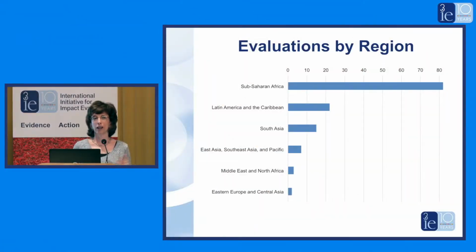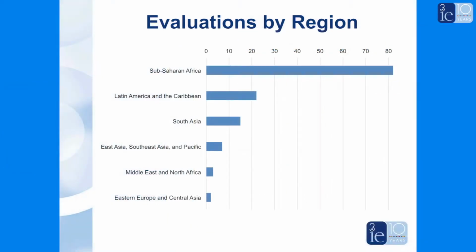So this is one result in terms of the supply of the evidence by region. Okay, clearly one can draw the conclusion that the vast majority were in sub-Saharan Africa. One thing that may be deceptive is that a large proportion of those studies came from a relatively few number of countries. So those are the kinds of things you need to keep in mind.